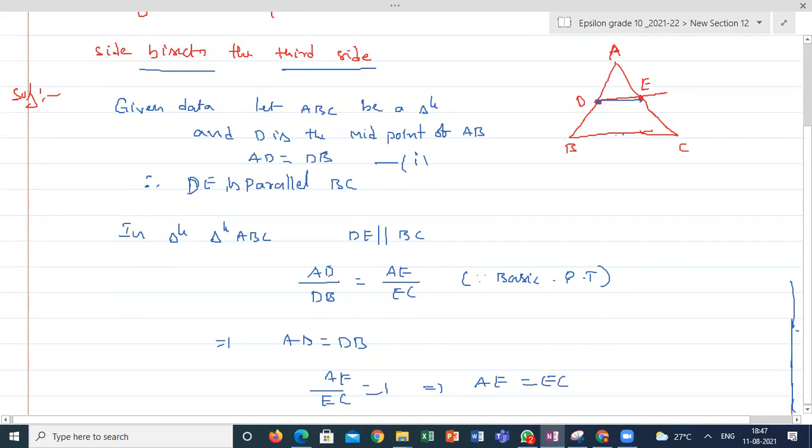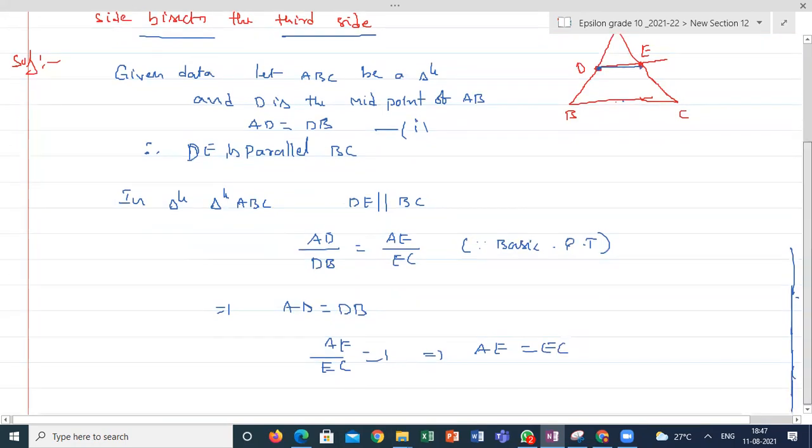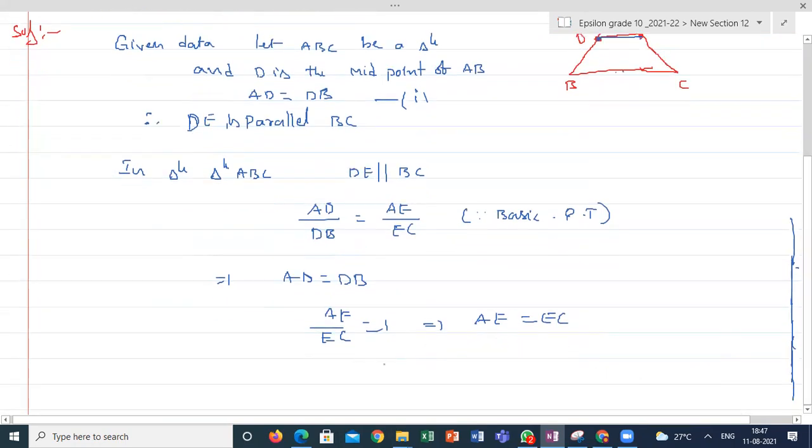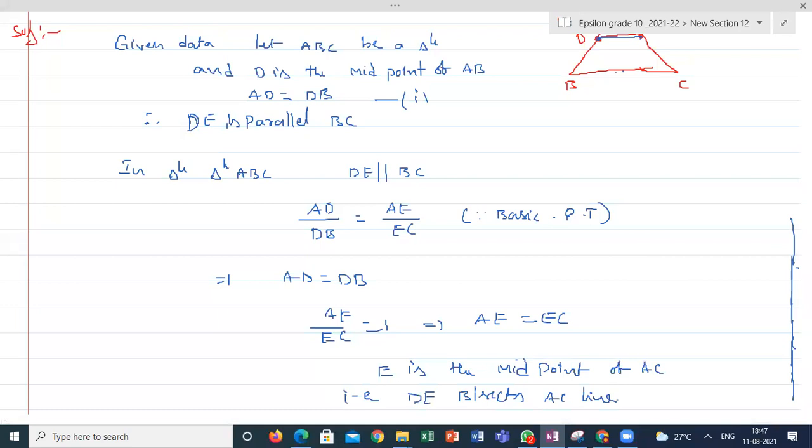If AE is equal to EC, that represents E is the midpoint of AC. That is, DE bisects the line AC. So the line which started from the midpoint of one side parallel to the second side bisects the third side. That is what we proved here.